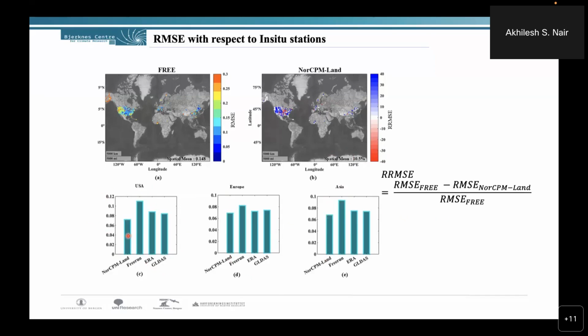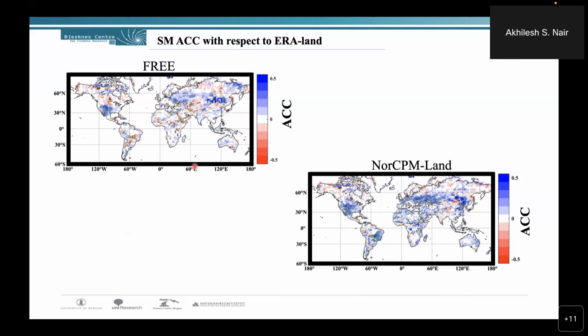Then we check the anomaly correlation coefficient with ERA land soil moisture data. On the top left, we have the anomaly correlation from the free run, which is the open loop without assimilation. On the bottom right, we have the correlation from NorCPM land, and the green dots are the points which have significant correlation.